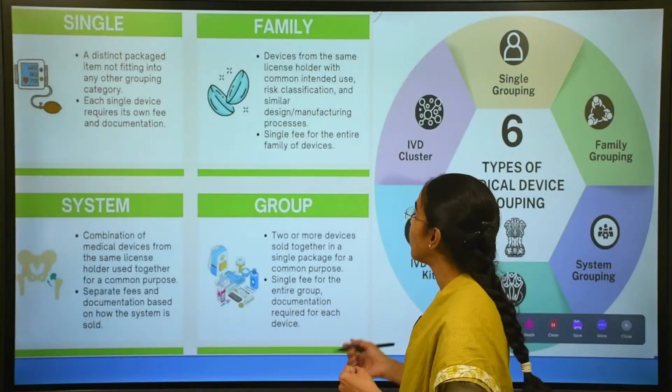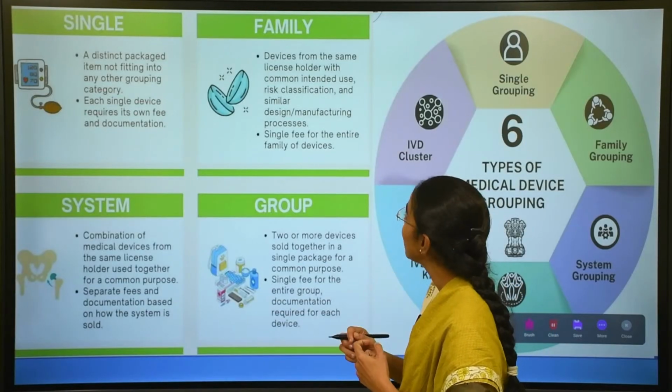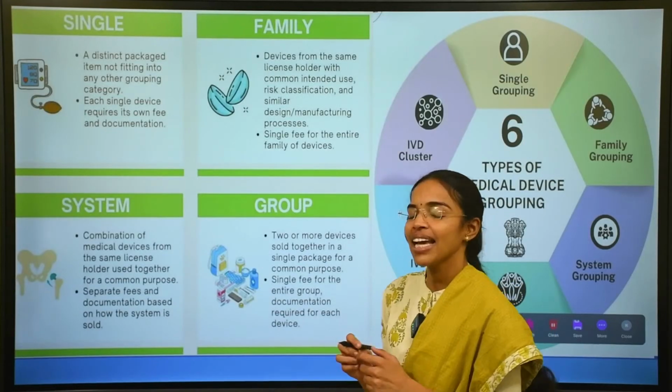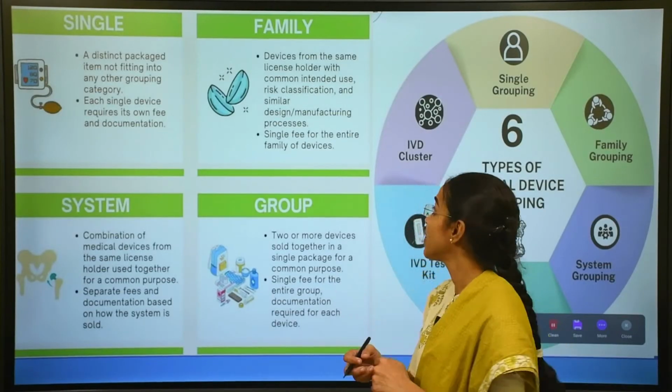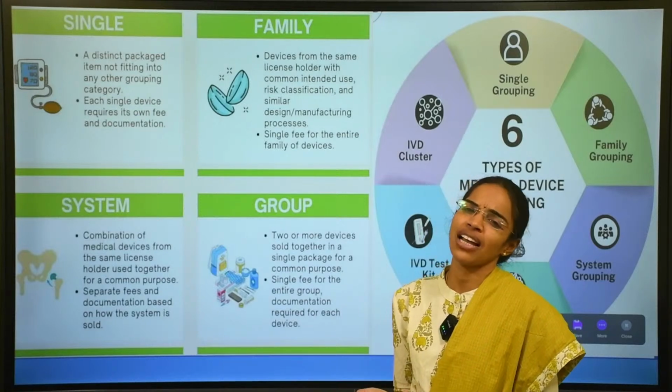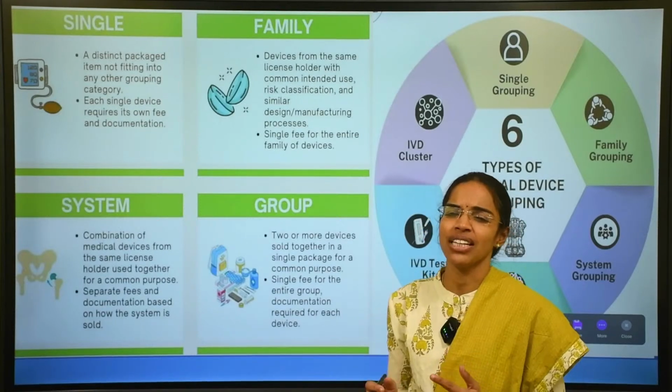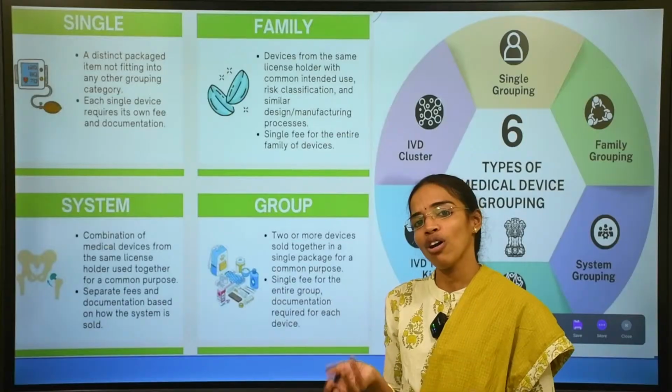The same license holder is manufacturing all these devices, and they have certain common features: a common intended use, common risk classification, similar design or manufacturing process, any of these or all of these.